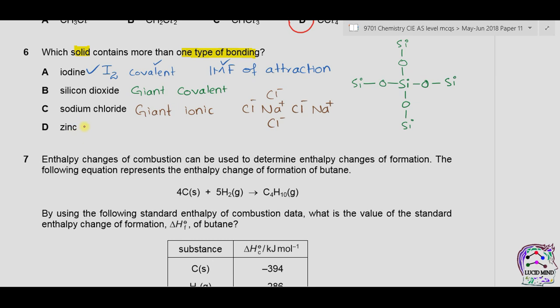In D we have zinc. Zinc is a metal and it is also an element. Only metallic bonding is present in zinc metal. So solid iodine does have two types of bonding, while all others have only one type of bonding.